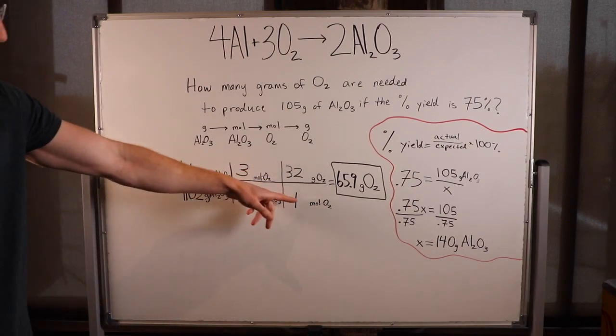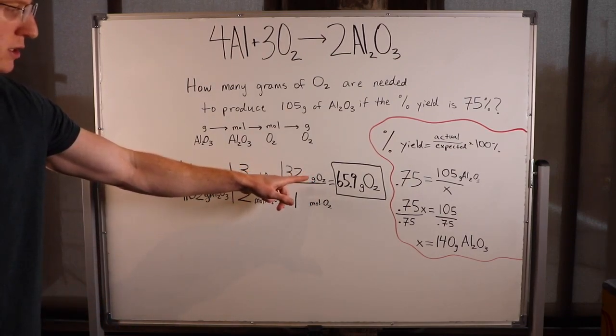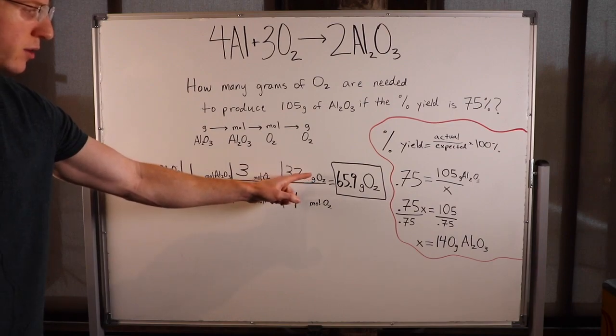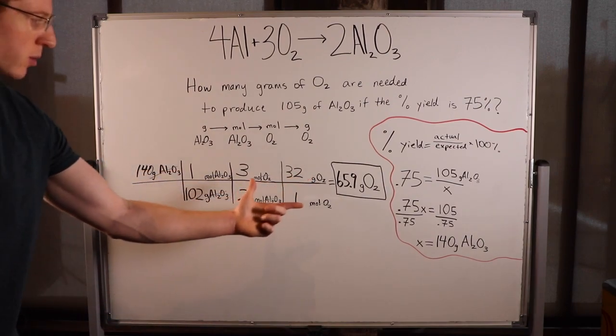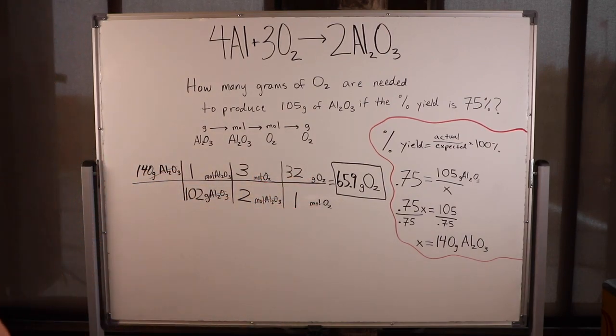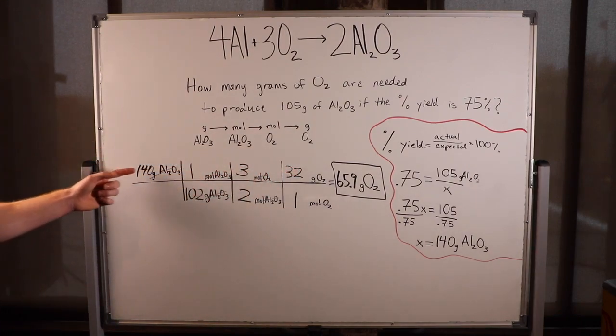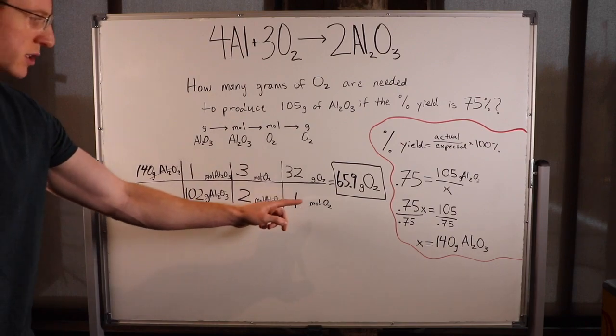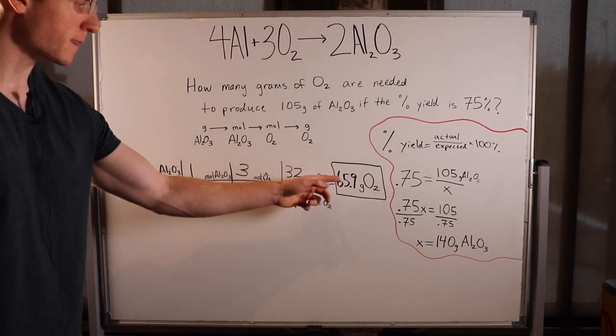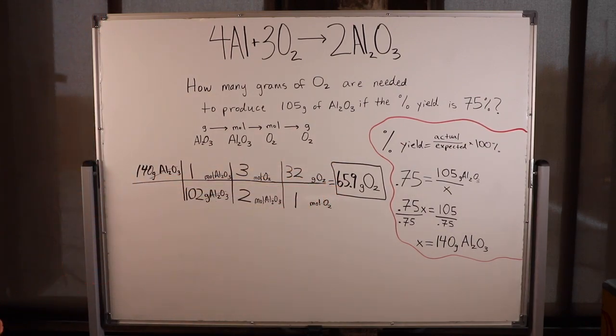Finally, we change moles of O2 to grams of O2. So we'll put that up here, and these are our final units that we want to end up with. So we'll cancel out these moles of O2, those units, and then all we have to do is multiply all the numerators together, and then multiply all the denominators together, divide the top by the bottom, and you'll get 65.9 grams of O2. So I hope that makes sense.